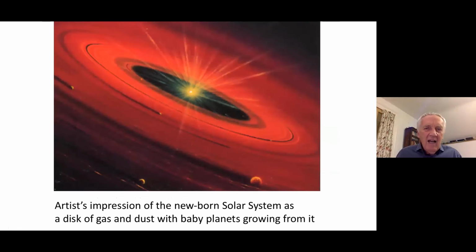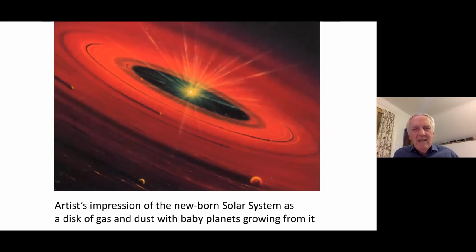And within this disk of gas and dust around the newborn sun, the planets are growing. There's a few shown here, small planets, baby planets growing out of the gas and dust. But those baby planets merged and grew bigger and eventually ended up as the planets we know today.